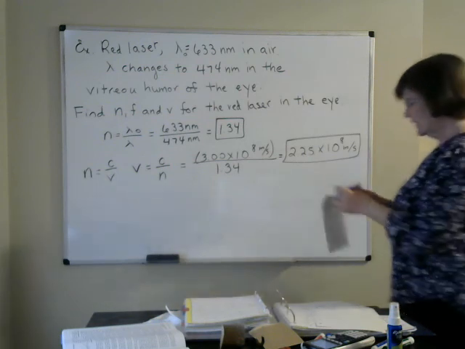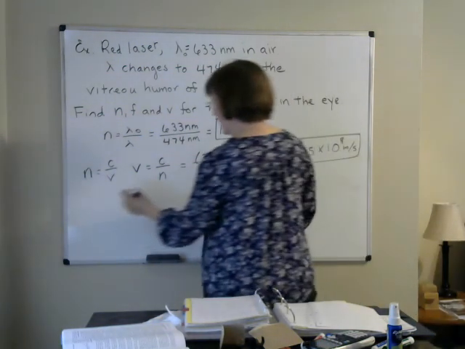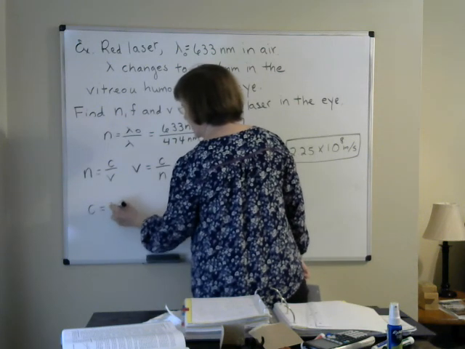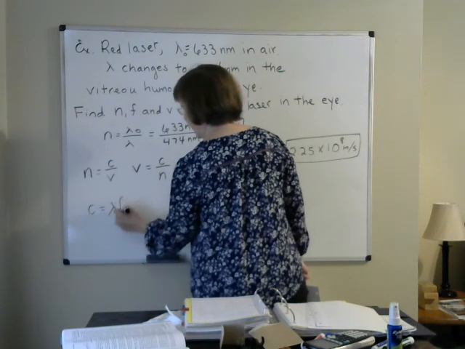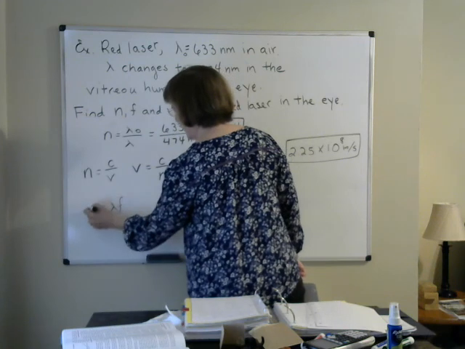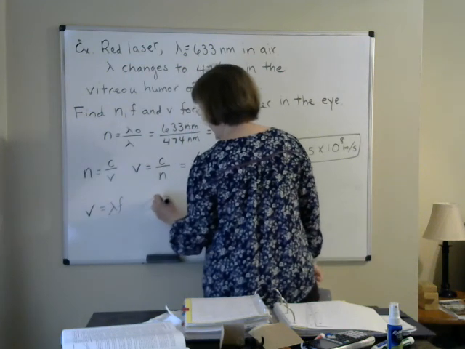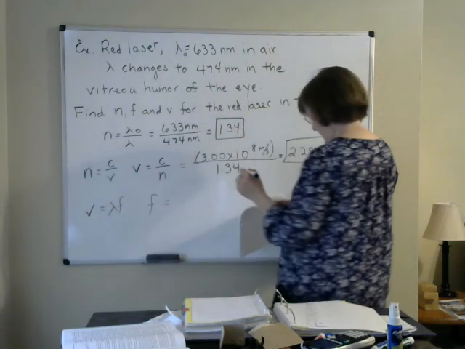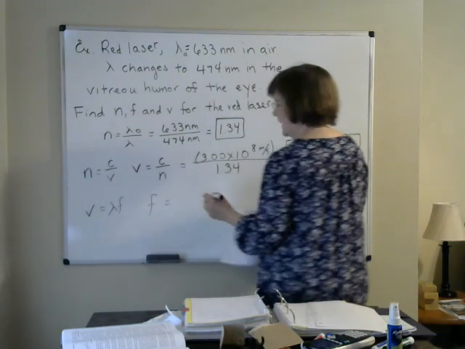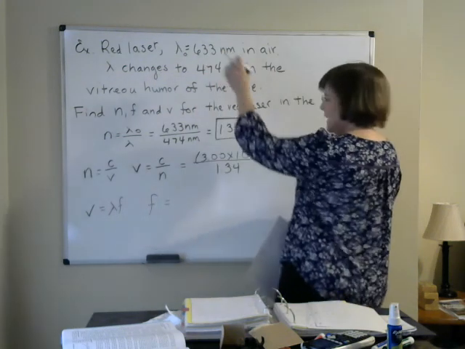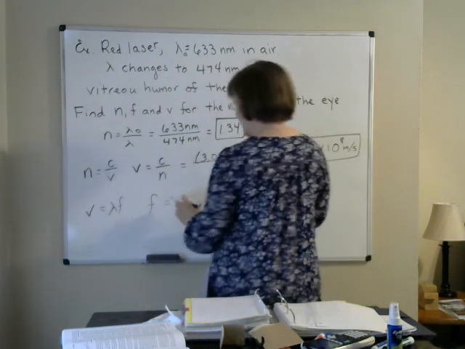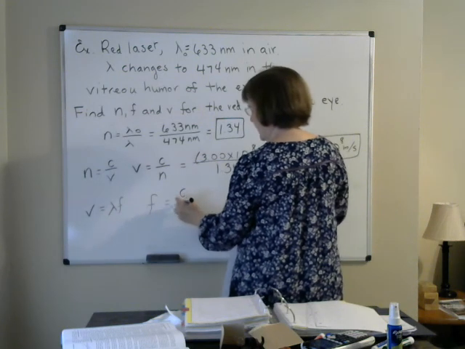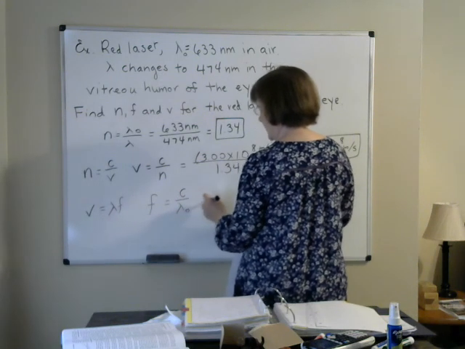And then finally, to get frequency, we know that C equals lambda F, or V equals lambda F. The frequency of the light is therefore the speed of light divided by the wavelength. And really we can do it whether it's in the eye or out of the eye, it makes no difference. So I will use C over lambda 0.